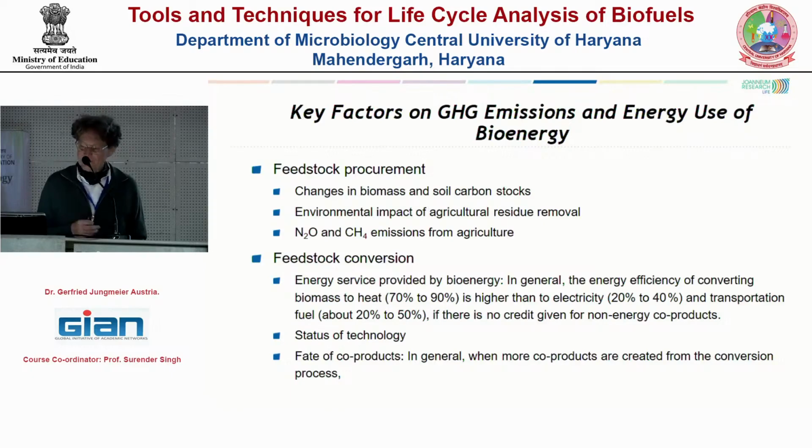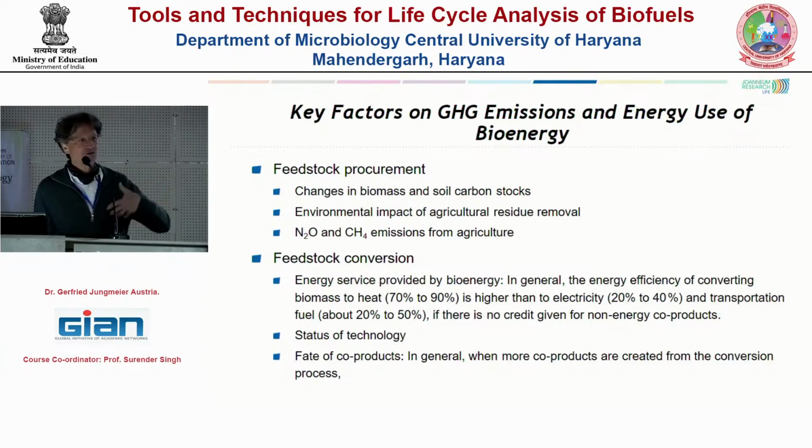And thirdly, in agriculture, the N2O emissions and the methane emissions are quite relevant. Methane emissions are mainly relevant for animal housing, manure management, if you're looking towards biogas and biomethane. The N2O is a more basic thing, because all agricultural systems need nitrogen as an input.